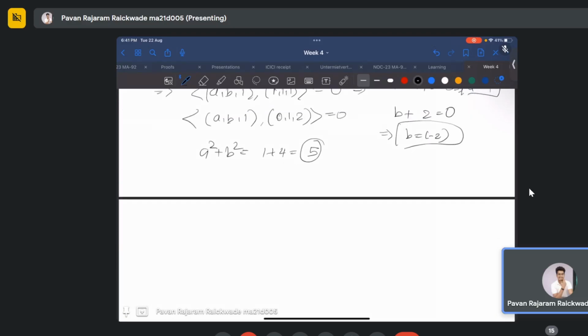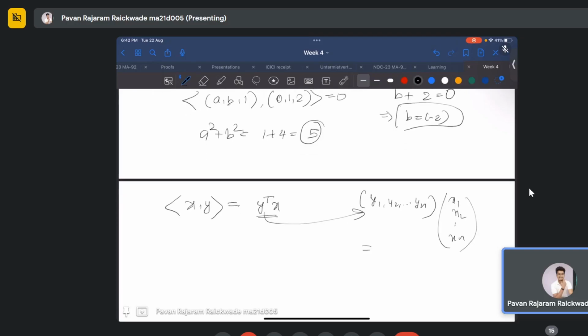Let's see. Transposes in real symmetric matrix or in real matrices, what is the use of transpose? Basically, say inner product of any two vectors x comma y. What is this? This is y transpose x, right? As matrix product, you write y as suppose y1, y2, yn. This is y transpose, and then x is your vector x1, x2, and then xn. This is your inner product x1 y1, x2 y2 until xn yn, right?